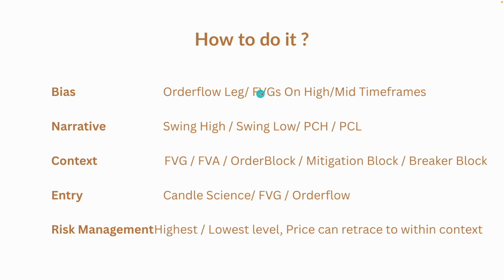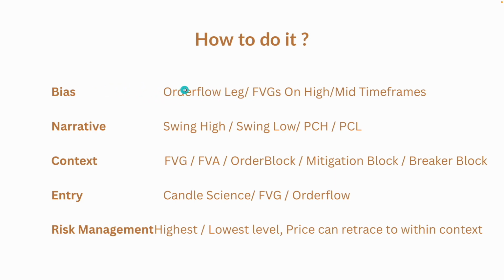If any one of these time frames has a different bias than the others and the time frames are not agreeing with each other, it's better to keep away and not look for any trades.